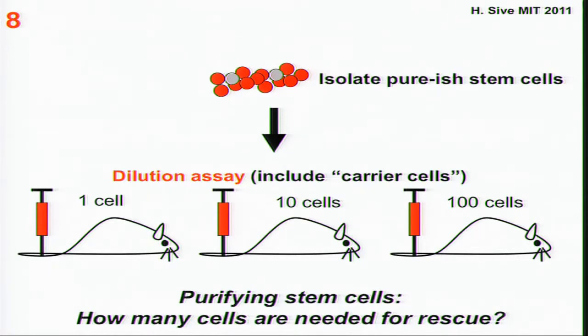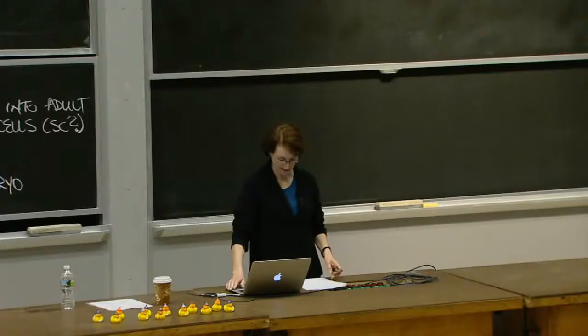And it turns out you have to mix these cells with carrier cells, otherwise it doesn't work. But it turns out that 1 cell can repopulate the entire hematopoietic system, which is really extraordinary and led to the diagram that I showed you in the slide before.